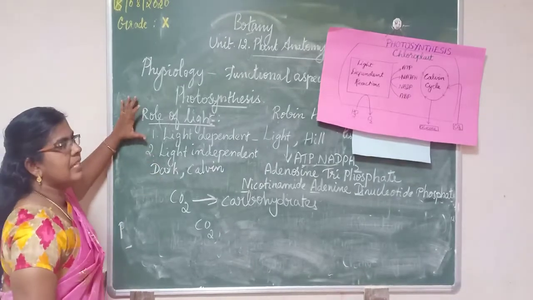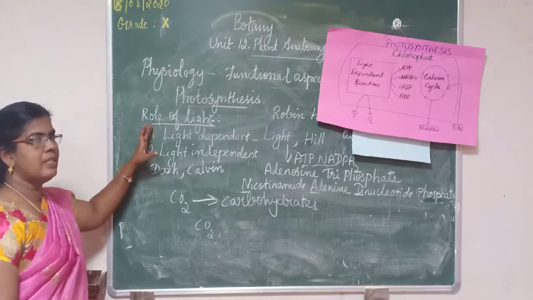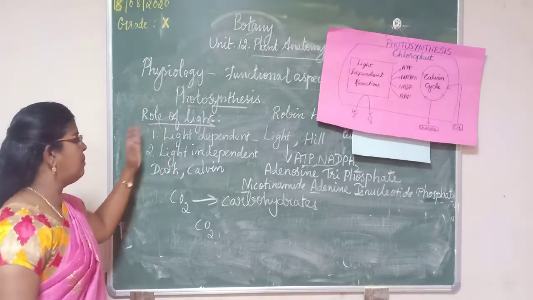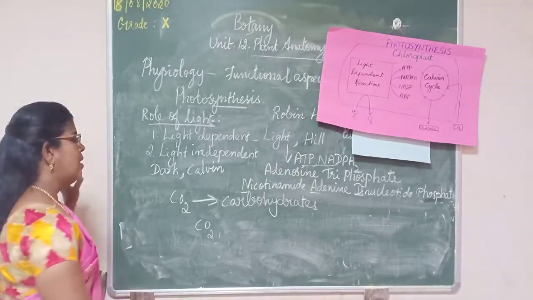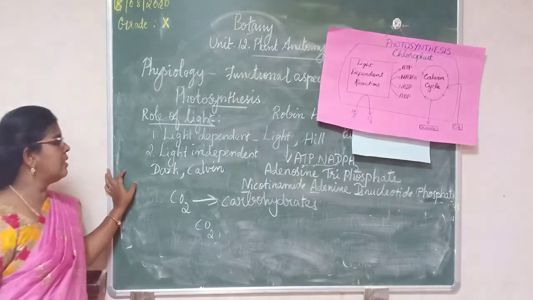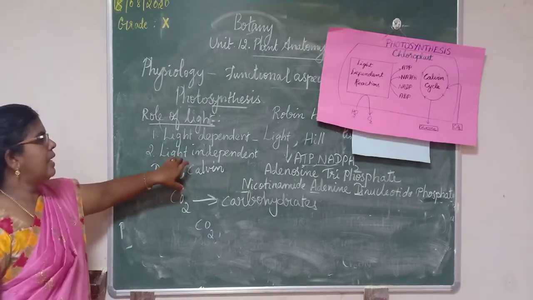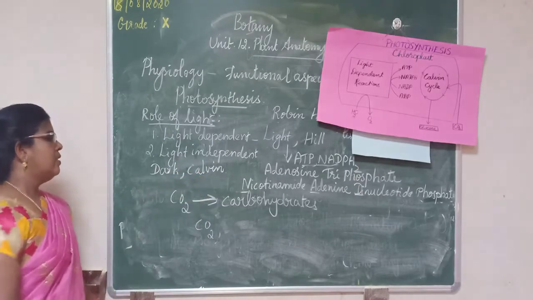So, photosynthetic reactions: light and dark reaction. Light reaction takes place inside the thylakoid membrane. Dark reaction takes place in the stroma of the chloroplast. The other terms for dark reaction are light independent reaction and Calvin cycle.